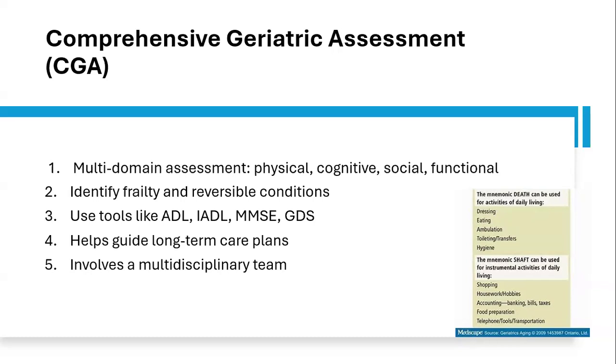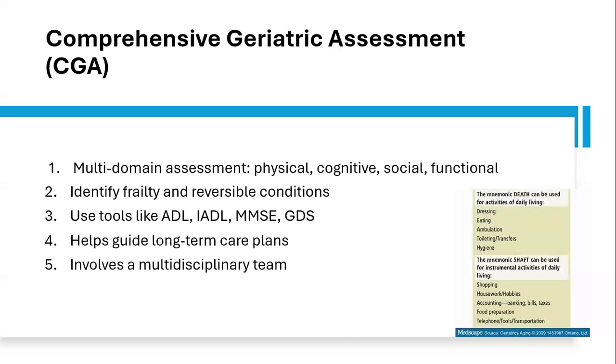So when we assess elderly people, there are certain tools that we use. One is comprehensive geriatric assessment, which is a multi-domain assessment that includes physical, cognitive, social, and functional assessment, which helps to identify frailty and reversible conditions of these patients.